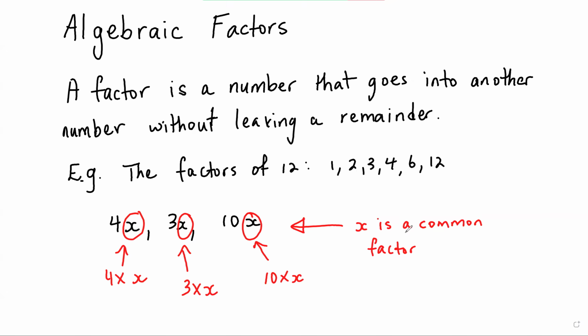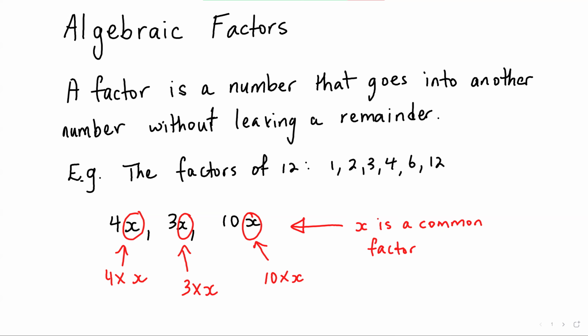One thing to note is the difference between a factor and a multiple. A factor is the number that goes into the other number, right? Multiples are numbers that you get when you multiply the number. For instance, the factors of 4 will be 1, 2, and 4.